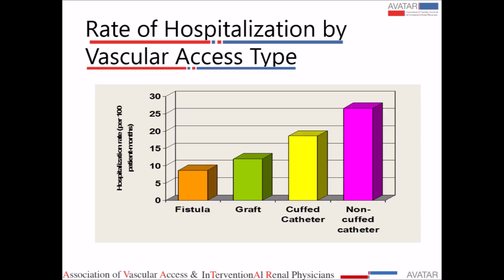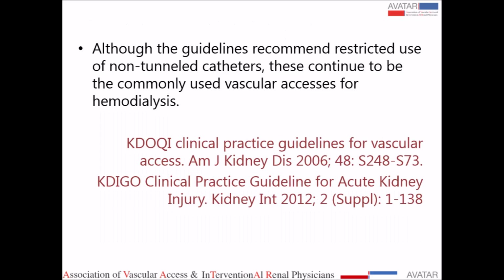Not only are the infection rates high, but the hospitalization rate because of this infection or other complications is also high in these catheters. So the guidelines recommend that there should be restricted use of these catheters, more so for the non-tunnel catheter, but these continue to be in common use.